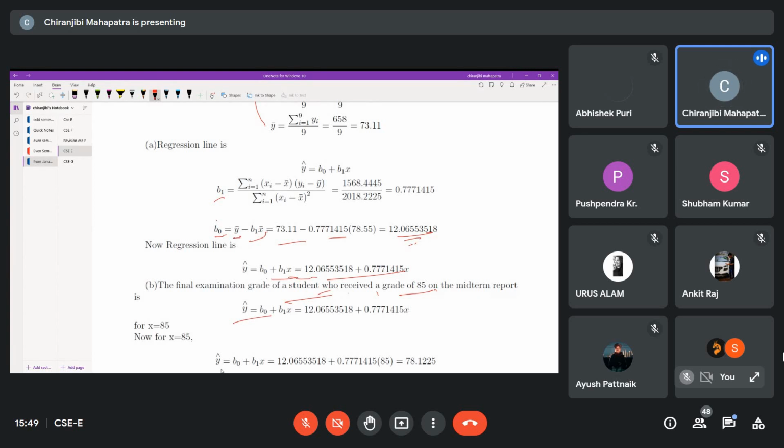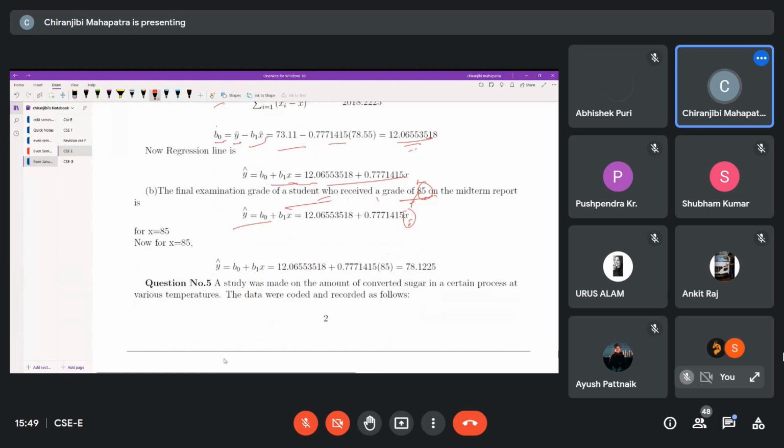In place of x, just put 85. ठीक है, ये x की जगह. उसके बाद 85 को यहाँ पे put करने के बाद जो भी value आया, उसको directly यहाँ पे y hat equals to b0 plus b1x. So b0 and b1 both are calculated in this way. और उसके बाद y hat को calculate करना पड़ेगा for a particular value.